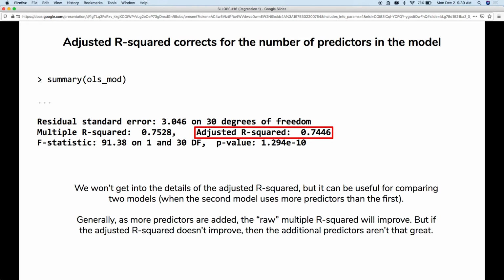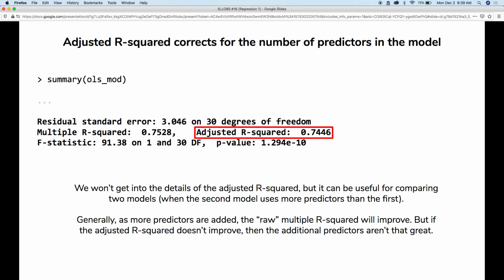But what the adjusted R squared tells you is, in a sense, how much better those additional predictors are doing than including just one fewer predictor. So it's kind of adjusting the variance explained by the fact that you're adding more and more predictors into your model. The adjusted R squared is often useful if you're comparing nested models, which we'll probably get into a little bit later. But for the purposes of a simple linear regression, these two values are going to be pretty similar. You wouldn't expect them to be all that different.